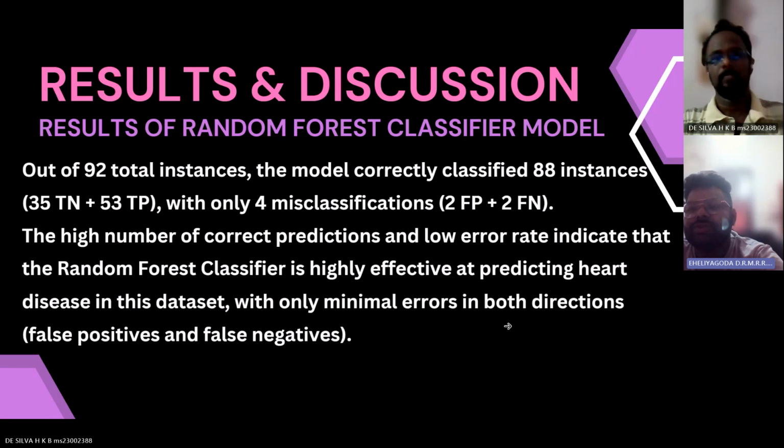Out of 92 total instances, the model correctly classified 88 instances, with only four misclassifications. 88 instances means 35 true negatives plus 53 true positives, and the misclassifications mean two false positives and two false negatives. The high number of correct predictions and low error rate indicate that the random forest classifier is highly effective at predicting heart diseases in this dataset, with minimal errors in both directions, false positive and false negative.